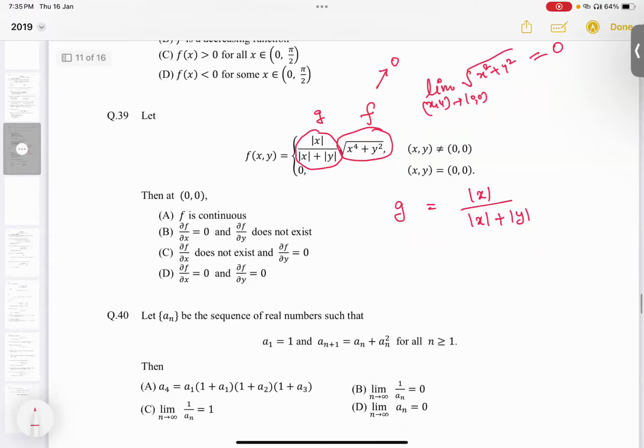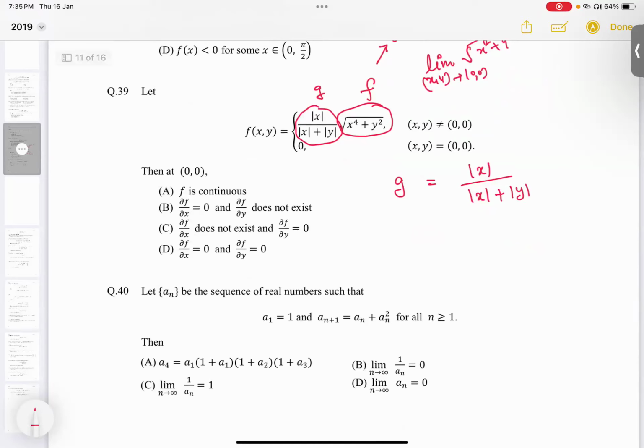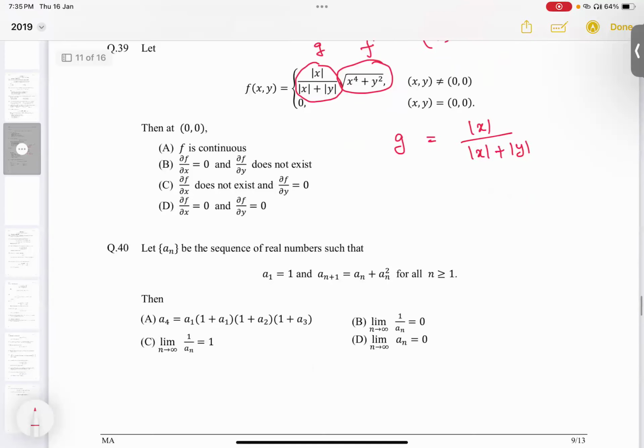Yes, sir. Why? Give me a bound. Why is this function bounded? You are taking this much time.